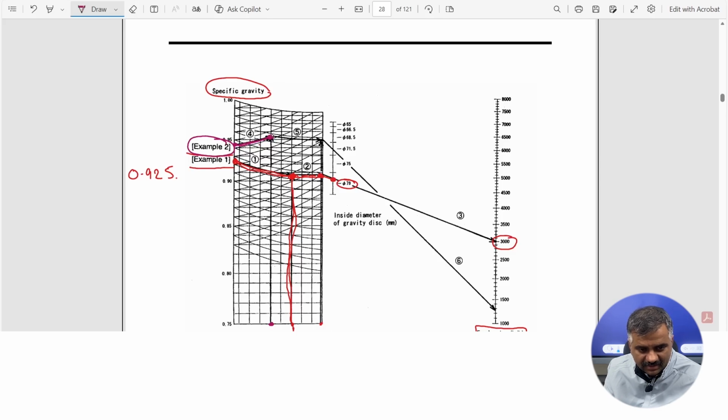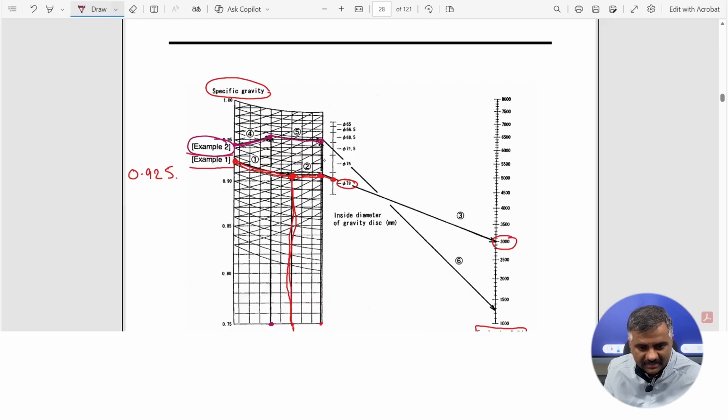Now we came to the point where we are aware of the specific gravity at a certain temperature on the nomogram. Now we will take a falling curve again, falling curve like this. Now we match it at 98 degrees centigrade here.